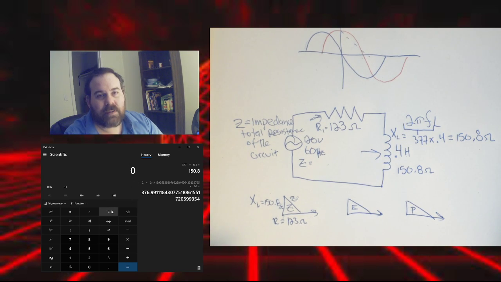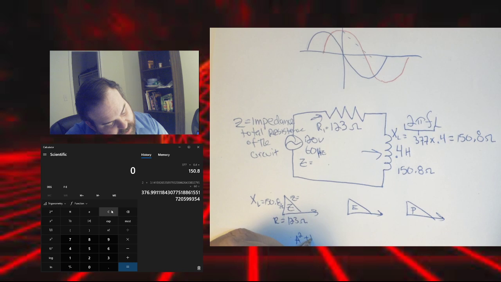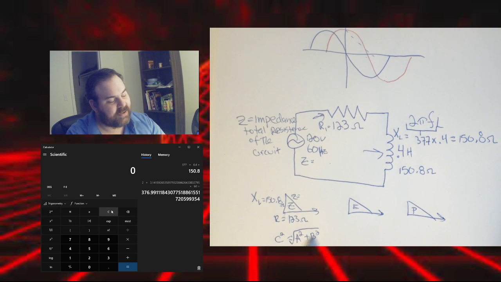Easy. Pythagorean theorem. What is Pythagorean theorem? It is A squared plus B squared equals C squared. Then we take the square root of that so that it's not a squared number anymore.